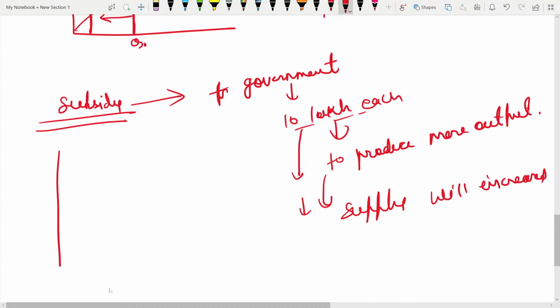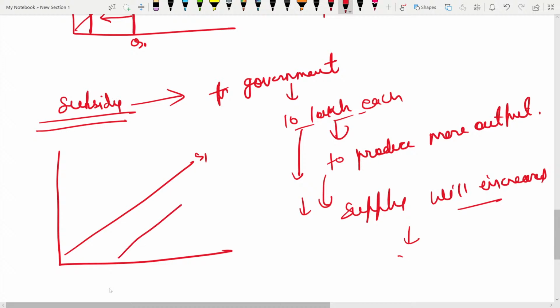As we see in the diagram, this is the original curve, and as supply increases, the supply curve will automatically shift forward. So this is the forward shift, and this is price, and this is S2. You can see that originally, without subsidy from the government, producers are only able to produce this much quantity.